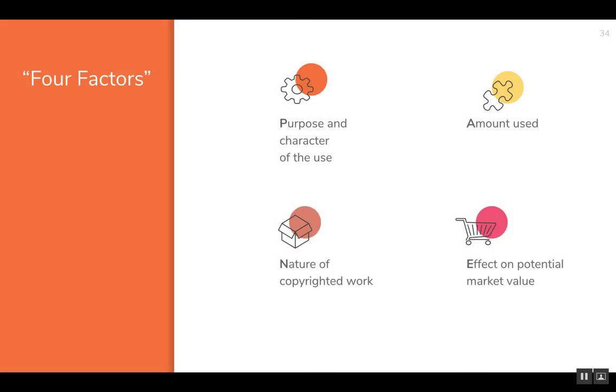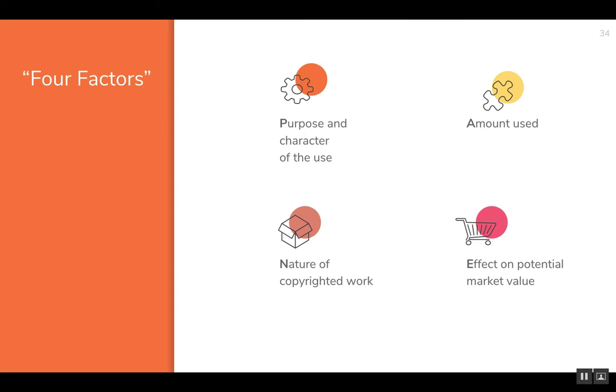But we do keep these four factors in mind when trying to decide if something could be defended as fair use. So the purpose and character of the use, the amount used, the nature of the copyrighted work, and the effect on the market value. So in many cases, with the purpose and character of the use, education is usually given a little bit more flexibility.